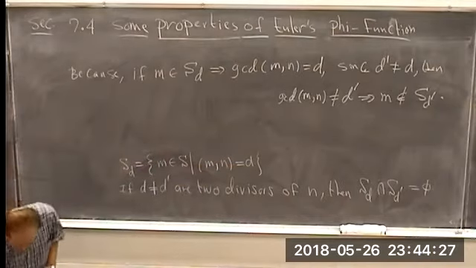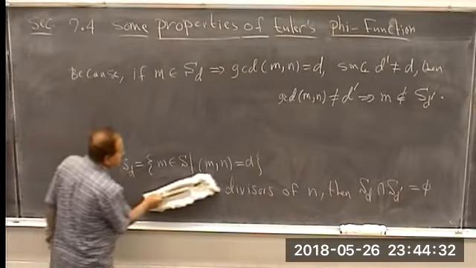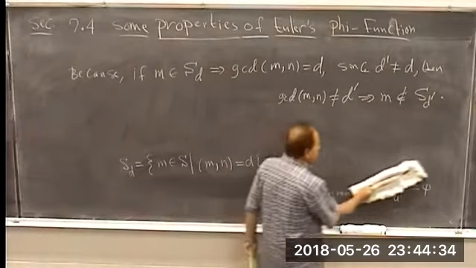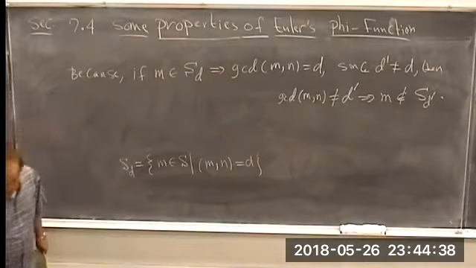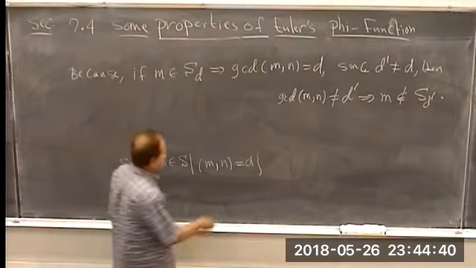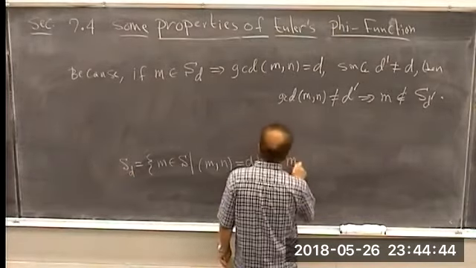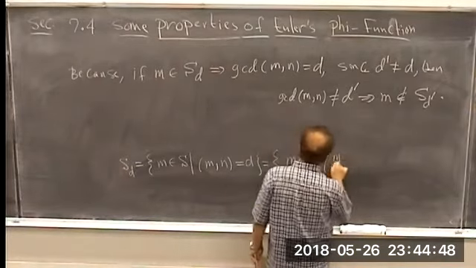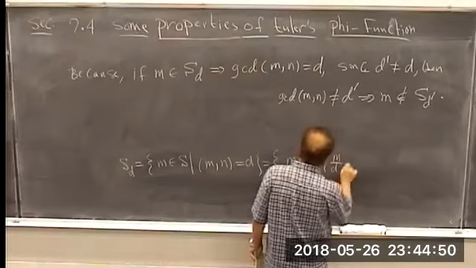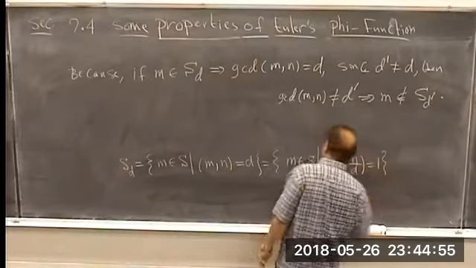One other thing: the set S sub d is also equal to the set of m in S such that gcd(m over d, n over d) is equal to 1.